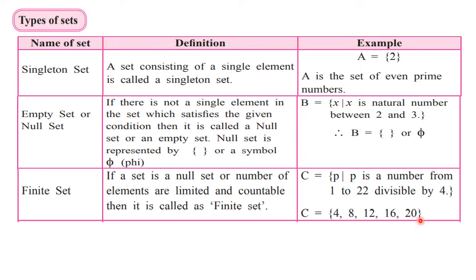We cannot write 24 because they have given us the boundary that from 1 to 22. We cannot go beyond 22. So here 24 is not allowed. So at the number 20 here, the set is terminating. So we can say that here this set is having 5 elements. That means elements are countable. So such set is called as what? Finite set.